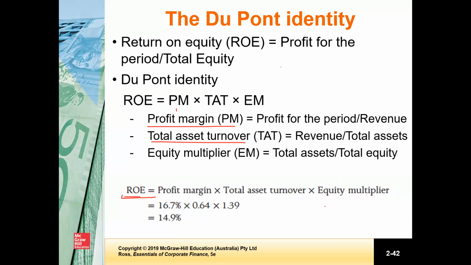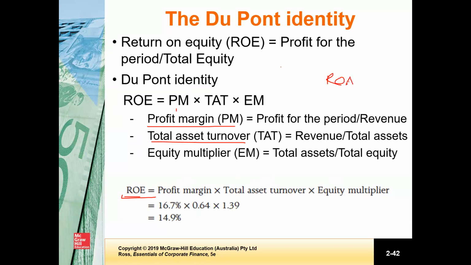And another point is it also appears that a firm could leverage up its ROE by increasing its amount of debt, right? It turns out that will only happen if the ROA exceeds the interest rate on debt. You remember we learned about ROA.